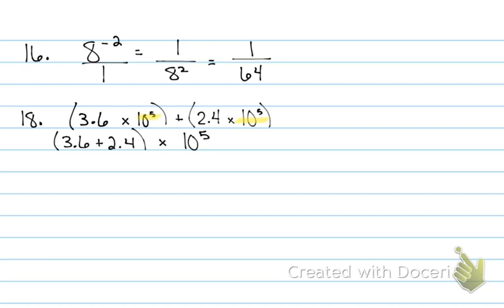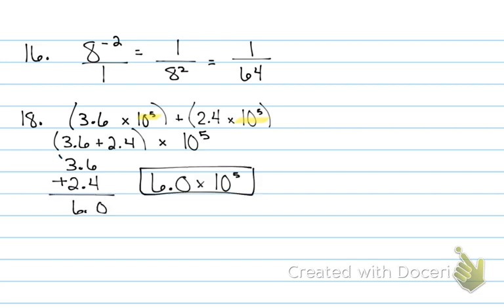So, anybody know what's 3.6 plus 2.4? You don't need a calculator. Really, I only used the calculator for one problem yesterday on this quiz. Okay, so we need to loosen our dependency on the calculators. Sam, what did you get? 6. 6 times 10 to the 5th. All right, you don't have to have the 0.0.